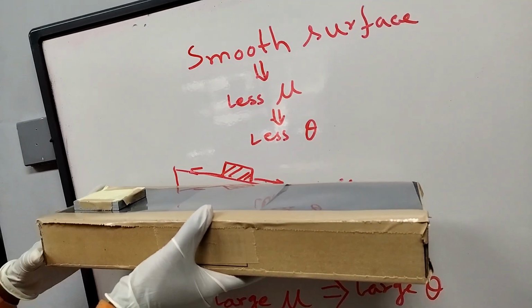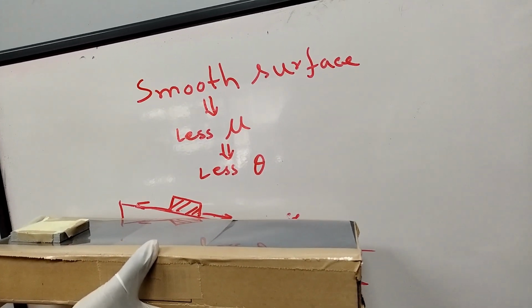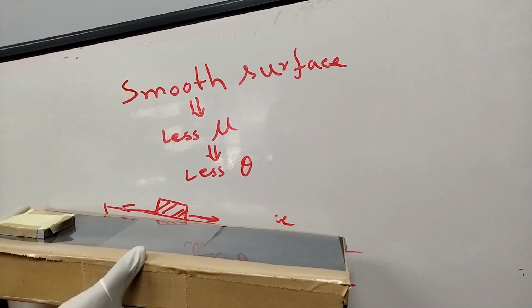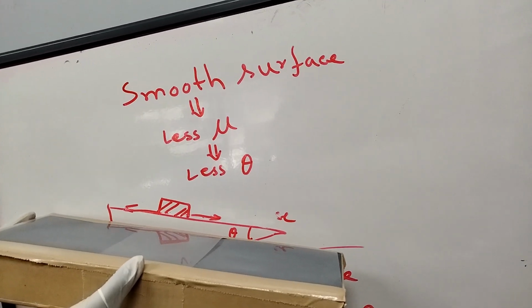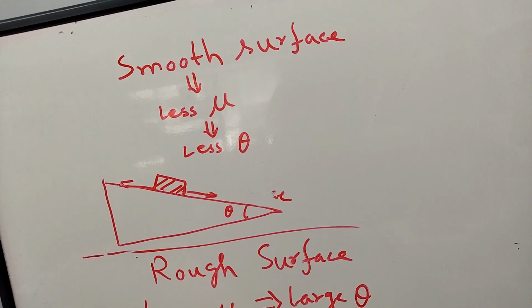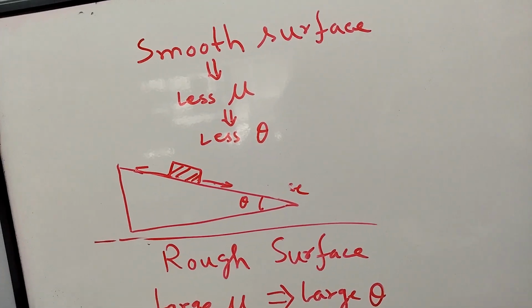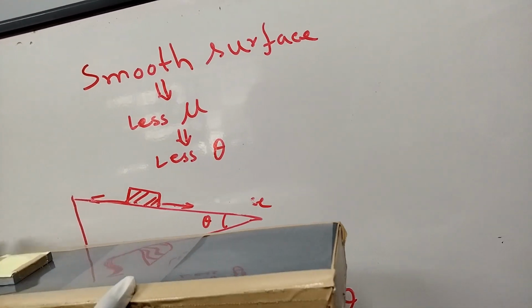For this slab we will check the angle of inclination needed to make the object fall. First we check the smooth surface. We see that for a small tilt, or small lifting, the object has fallen. Let's see this once again.